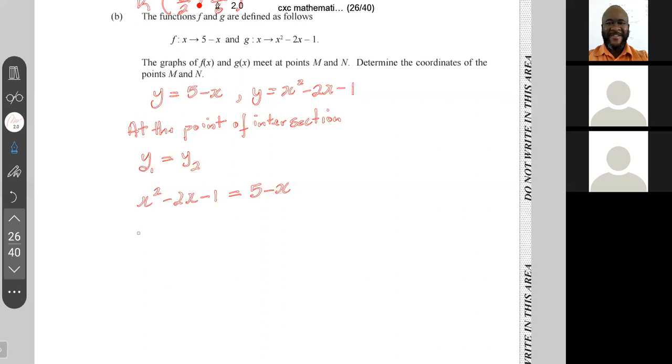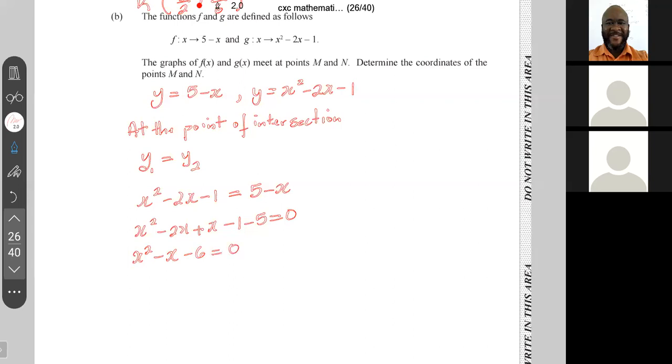Let's solve this quadratic equation. x squared minus 2x plus x minus 1 minus 5 is equal to 0. The first step in solving a quadratic equation is to ensure that one side of the equation is equal to 0. So now I have x squared minus x minus 6 is equal to 0.